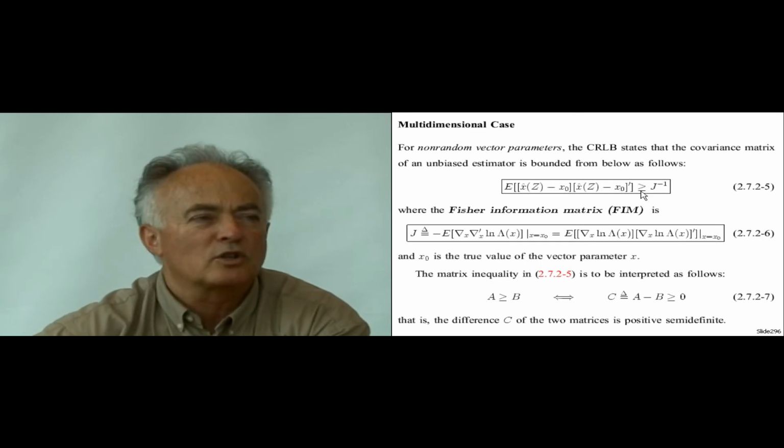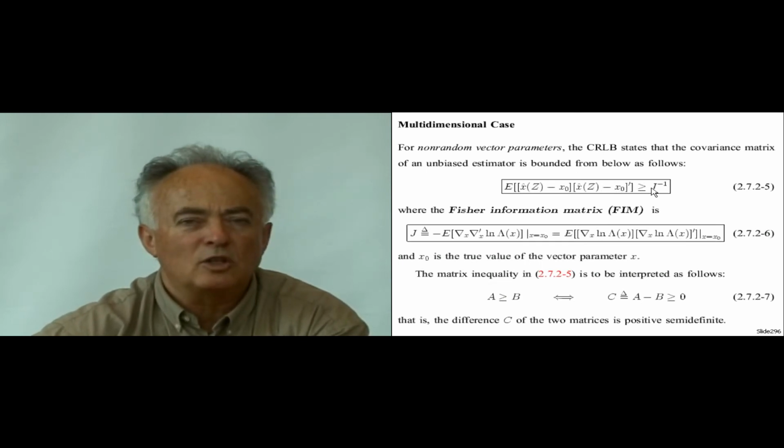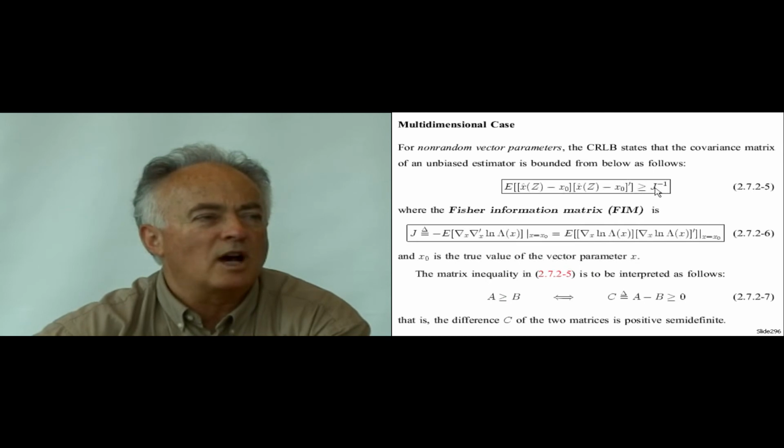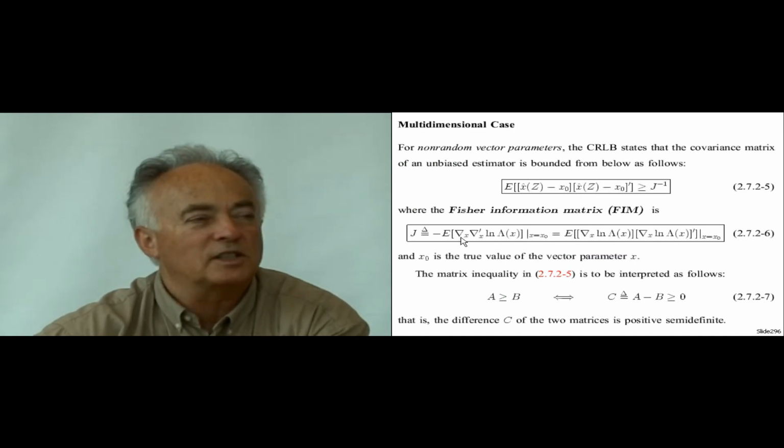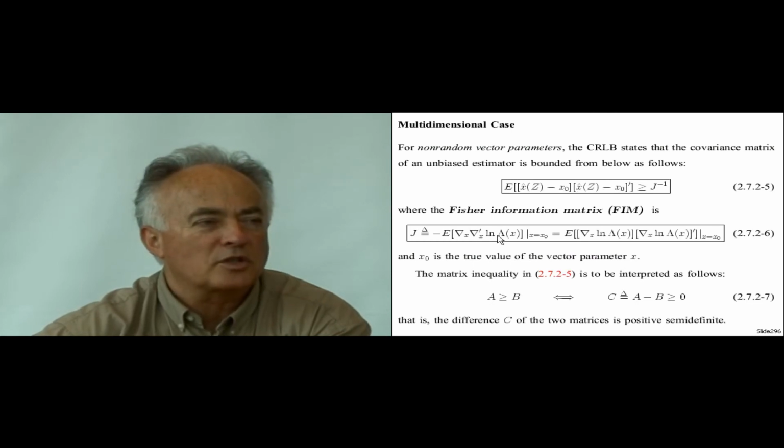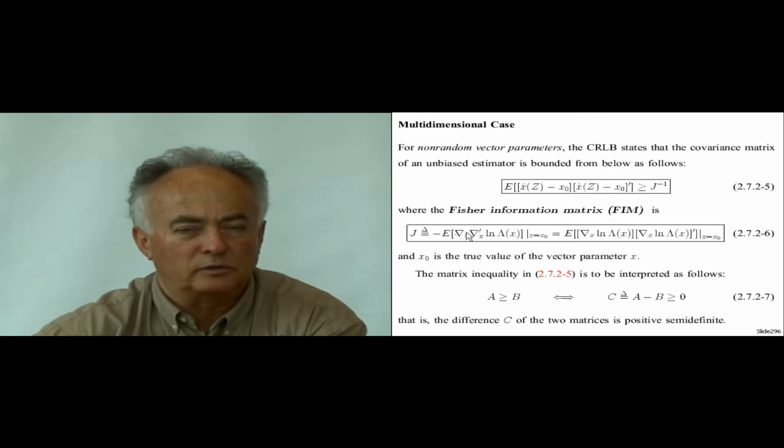is greater or equal to the inverse of a quantity, again denoted by J, but now J is the Fisher information matrix, or FIM. J is the negative of the expected value of the gradient with respect to x times the transpose of this gradient of the log likelihood function. This is a second derivative, vector version.